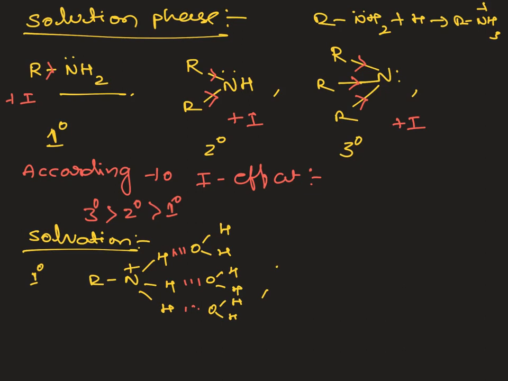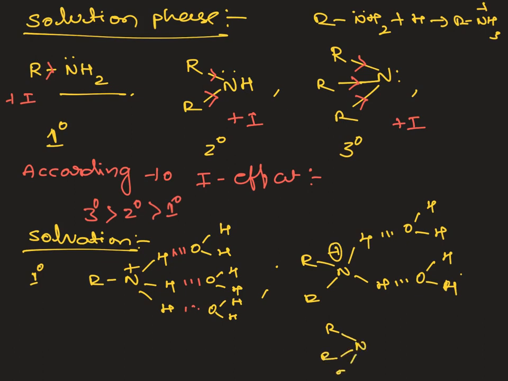Similarly, if you take a secondary amine, there are two R groups and hydrogen, which forms two hydrogen bonds. If we take a tertiary amine, there is a possibility of only one hydrogen bond.